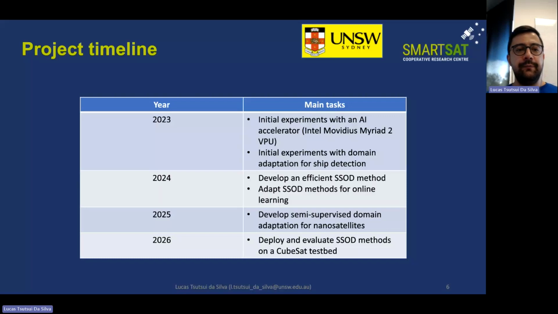And during this year, we also plan to work on adapting SSOD methods for online learning, since the satellite captures images as a data stream. And for the next years, we aim to develop semi-supervised domain adaptation for nanosatellites and evaluate our methods on a CubeSat testbed.